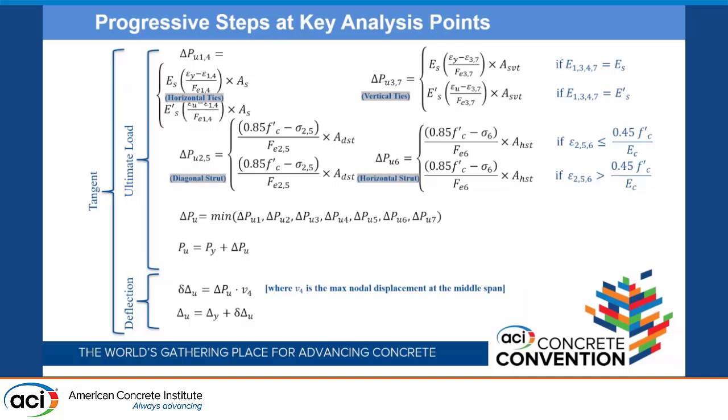After finding the PY or the PU, we can go back and plug in and get the elongation in the member, the strain and the stress. So we add these together and we do the same thing to get the ultimate displacement.